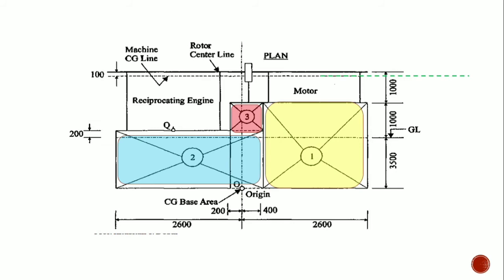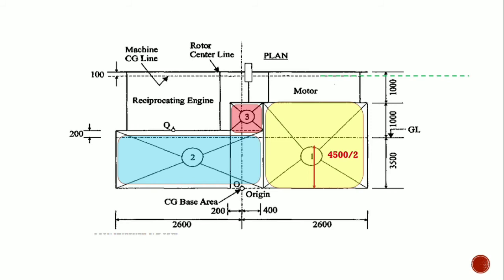Next, to find out CG of the foundation in form of 1, 2 and 3, in the plan, X and Z dimensions can be obtained. If we just focus on the elevation, for the first block, the CG in elevation is at the half distance of 4500. That is 3500 plus 1000 by 2.